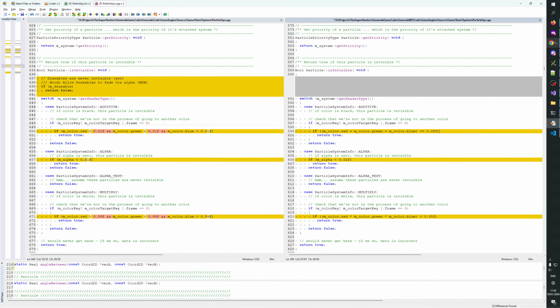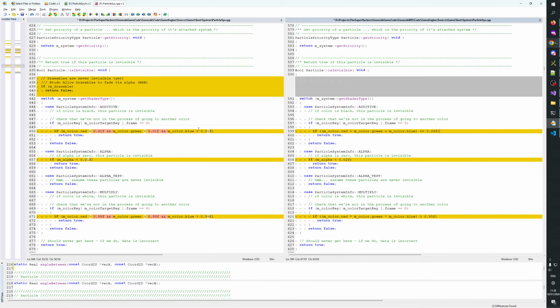If this is smaller than this, this, and this, is invisible. Invisible. If alpha is 0, this particle is invisible.